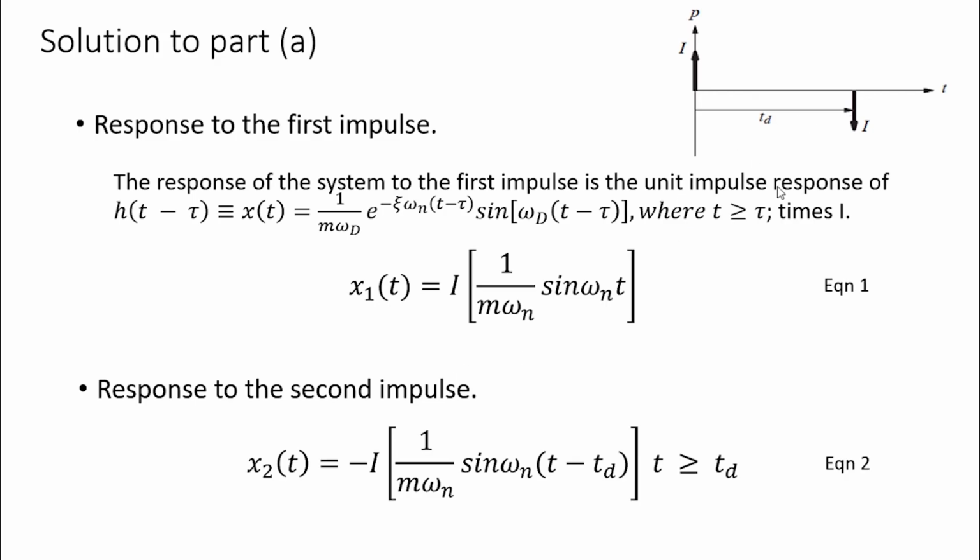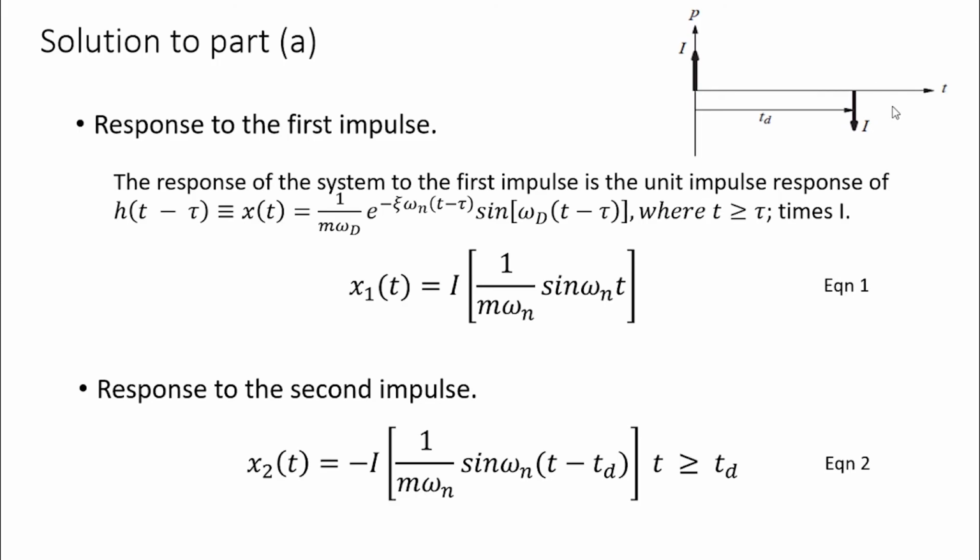Similarly, we can calculate for the second impulse, and that response would be this magnitude, that is minus I, multiplied by the unit impulse response at t equal to td. So that response will be minus I times 1 by m omega n, these terms are similar, and sine omega n (t minus td).